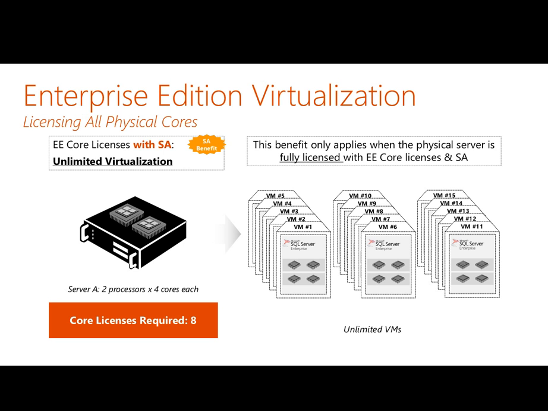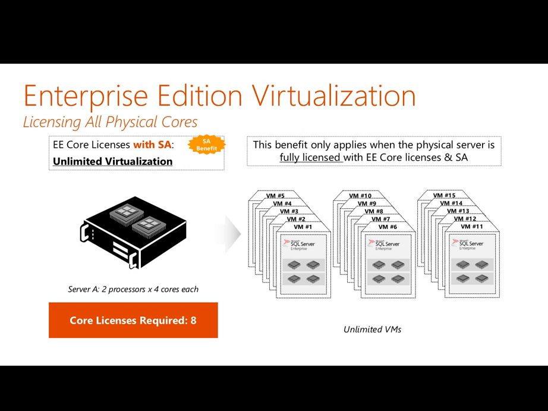So if you have an Enterprise Edition with software assurance, and let's say you license all the physical cores on a physical server, and you want to install the licenses inside a virtual machine, you have an option to create an unlimited virtual machine and install Enterprise Edition inside, as long as, first, it's an Enterprise Edition, second, you have a software assurance, third, you need to have 4 cores in each virtual machine, and the fourth one, you need to license each core on a physical server.